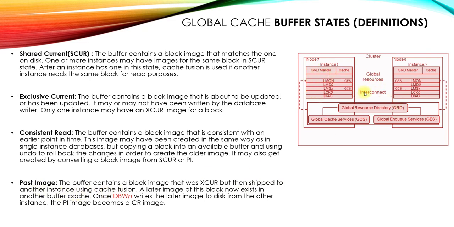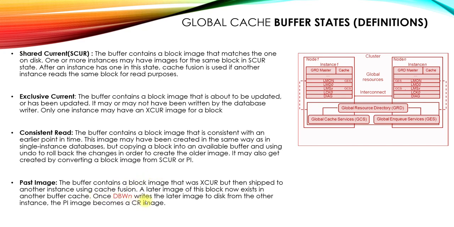Now it has been sent over the interconnect to node 2, because user 2 wants to modify the same block. A later image of this block now exists in another buffer cache, the latest image with system change number 11, as we talked about. This is the latest block with the modification.